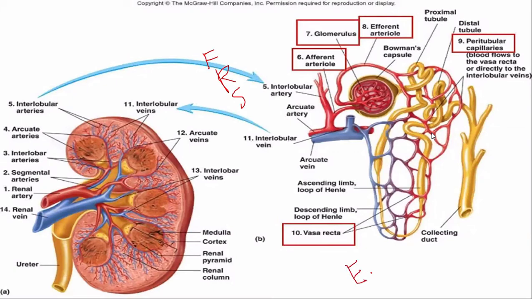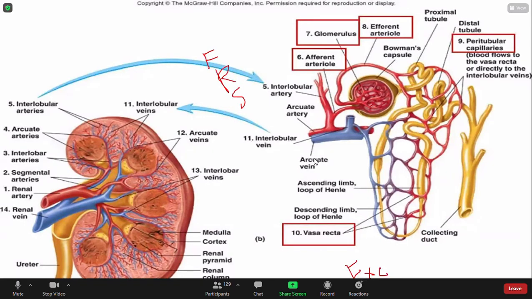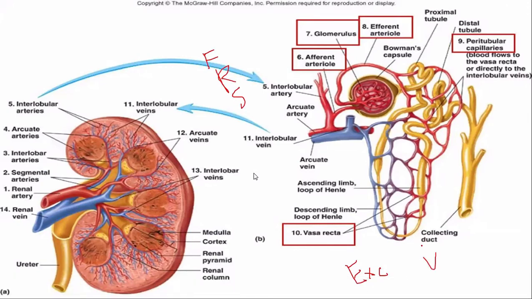Give me examples, Doctora, of filterable substances. Glucose, what else? Urea. Also water, sodium. Amino acids, very good.